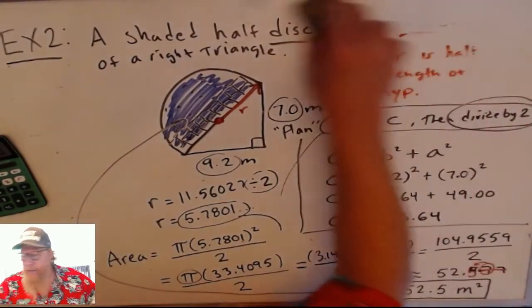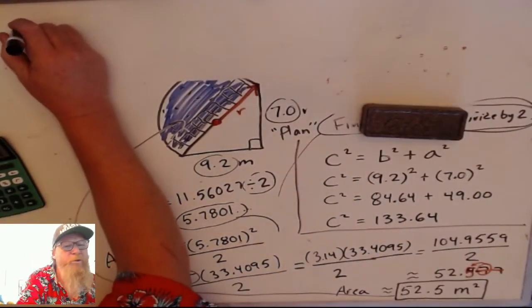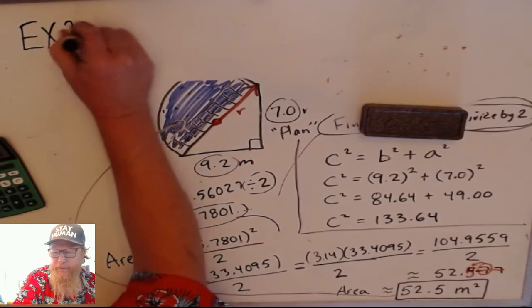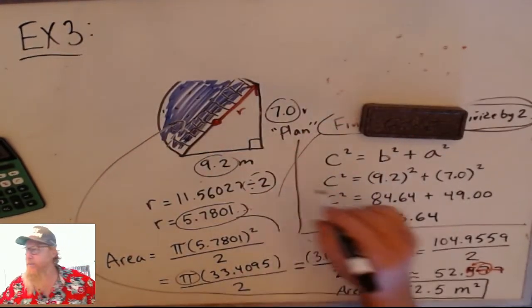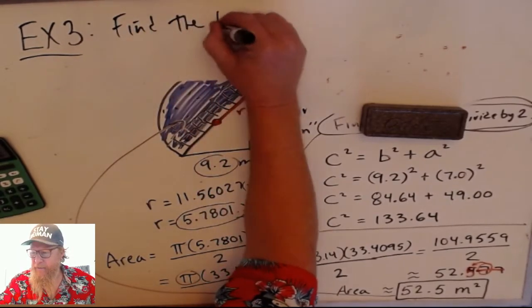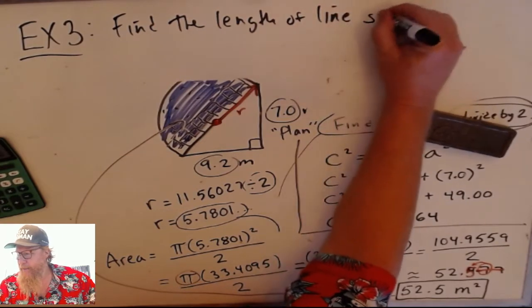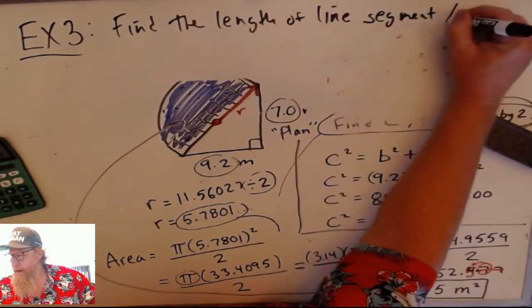So, how long is the edge of a roof? Do you say roof or roof? I say roof. Some people say roof. Find the length of line segment AB.